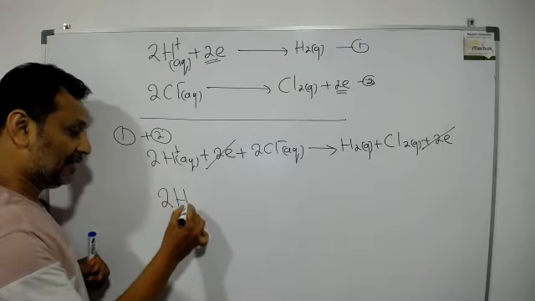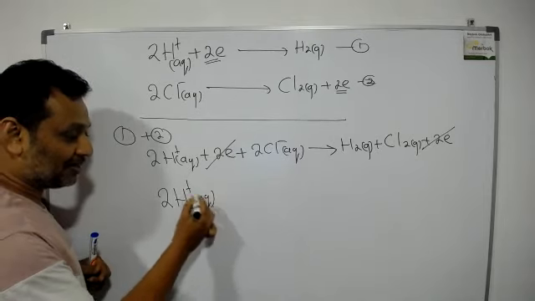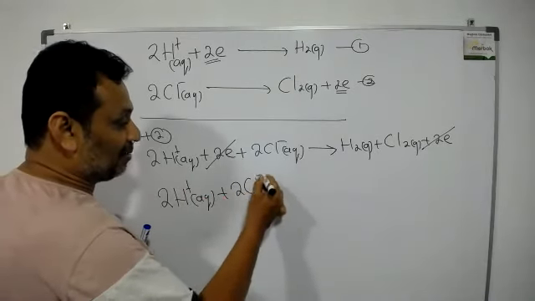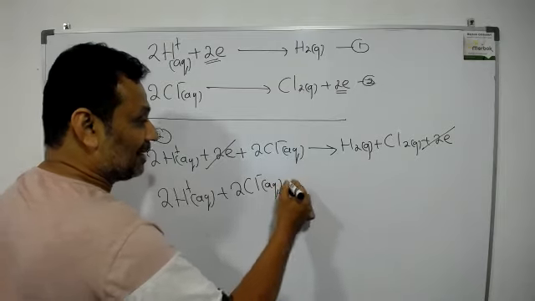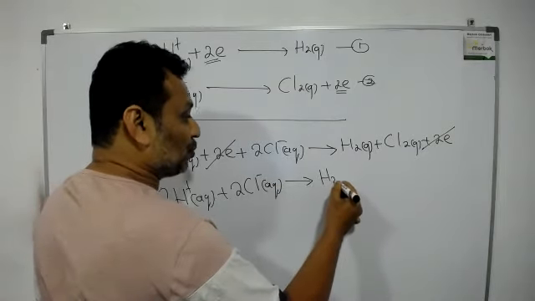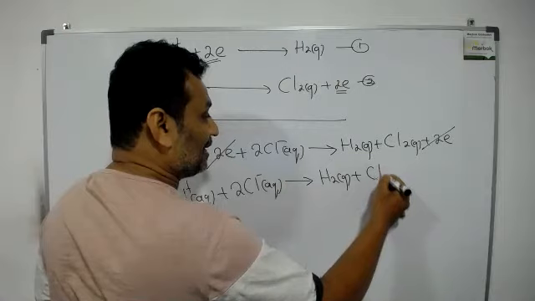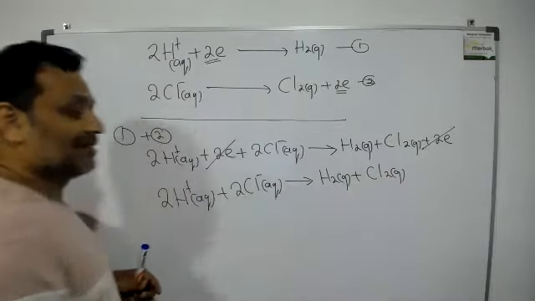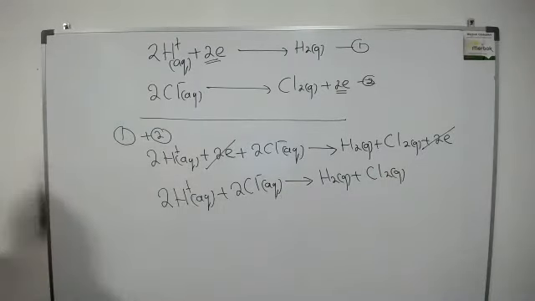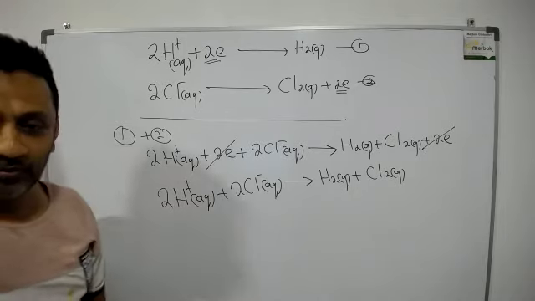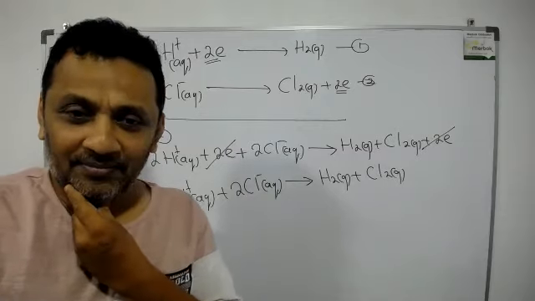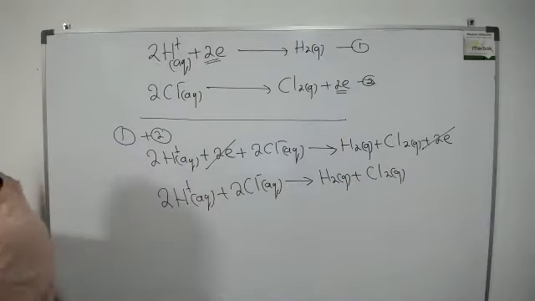After cancelling, 2H plus aqueous plus 2 Cl minus aqueous, giving us H2 gas plus Cl2 gas. This is the overall reaction. Good. That is question number 8.